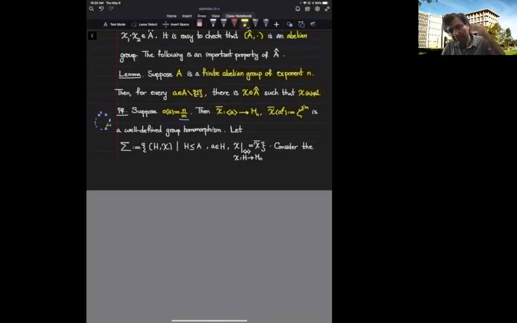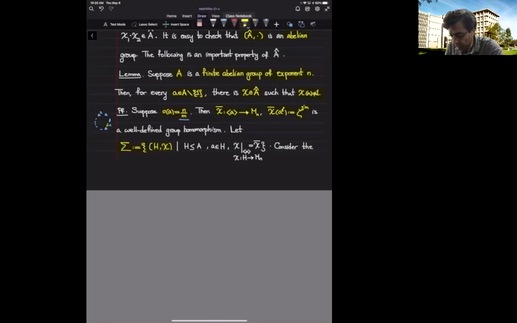I'm going to add one element after another. Alternatively, what am I going to do? I'm going to consider the set of all the pairs where the first component is a subgroup of A and the second component is a group homomorphism from this subgroup to S1.